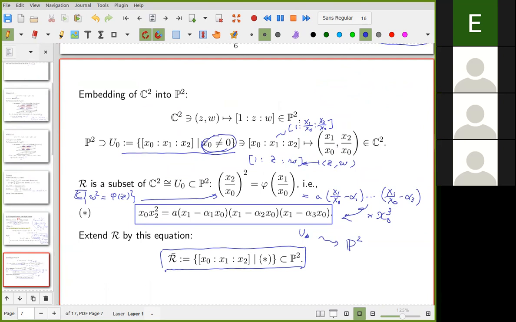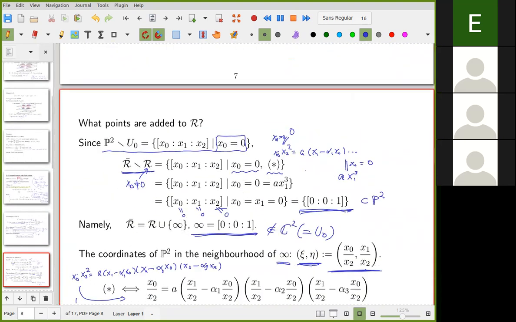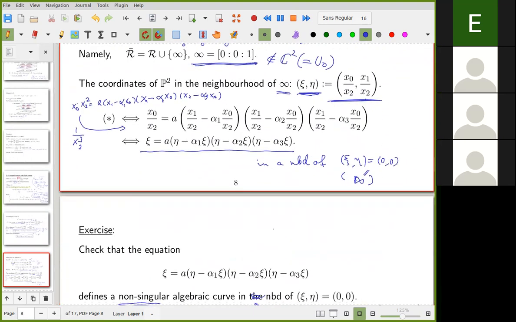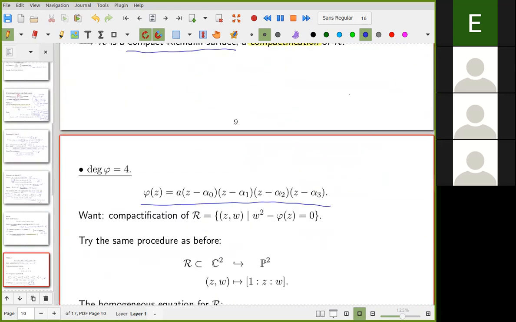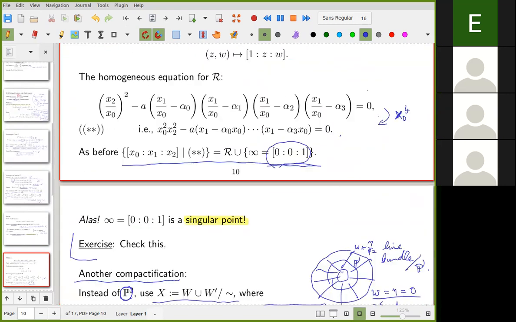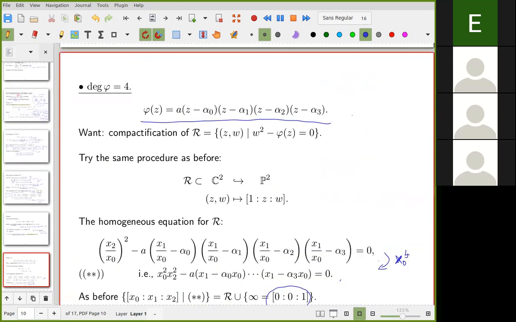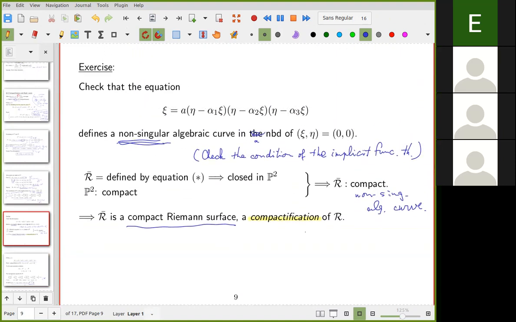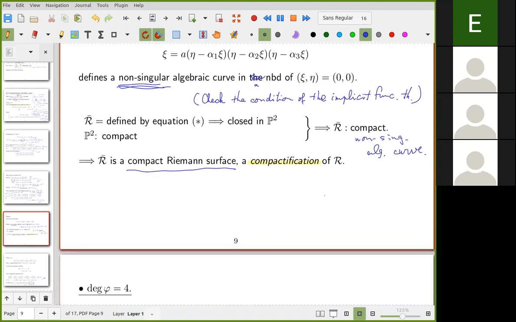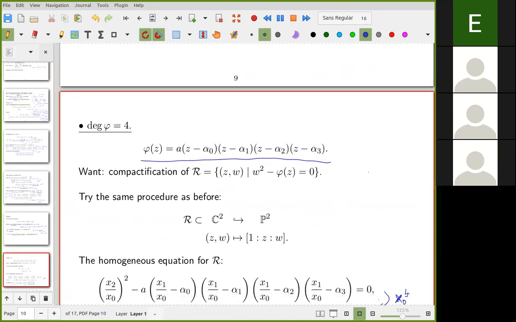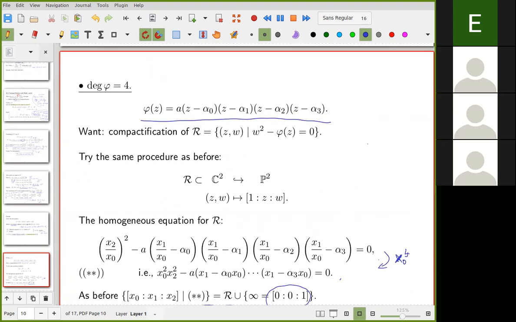We embedded it into P2. Is it true that the result coincides? We used another compactification for the case of a cubic polynomial as well, so we have two compactifications of it.